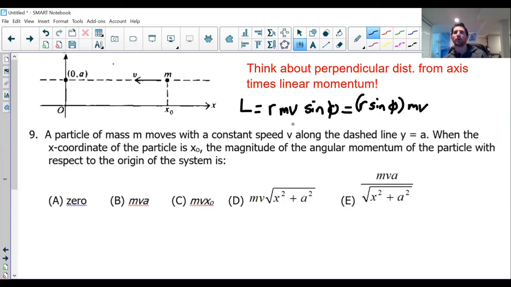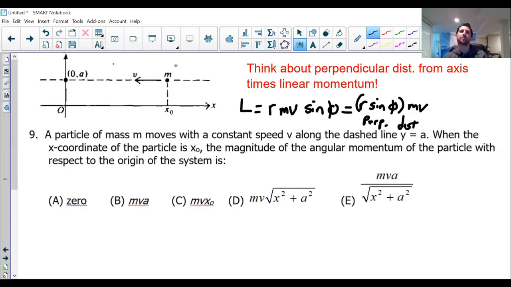So this r sine phi represents the perpendicular distance from the axis. If you remember when we did torque, we talked about the lever arm distance. That's basically what this is too. So let's call it the perpendicular distance.